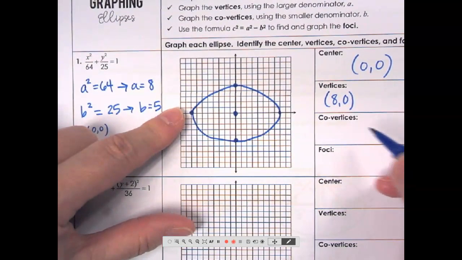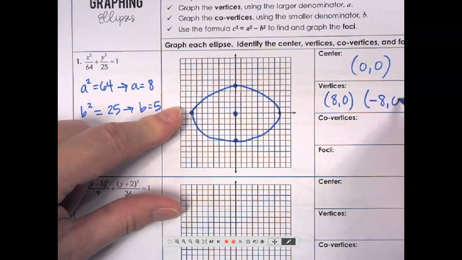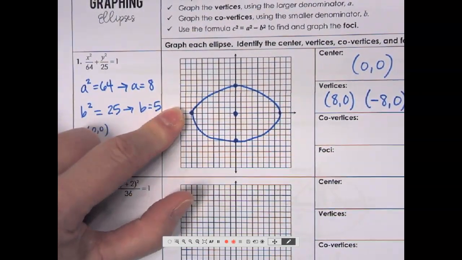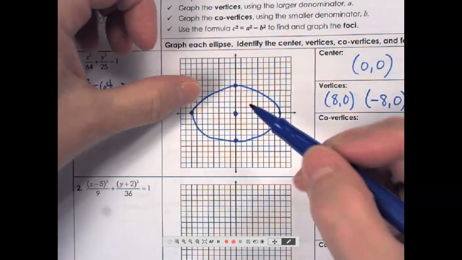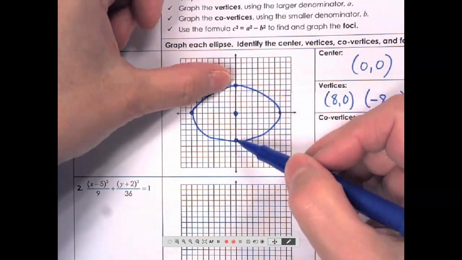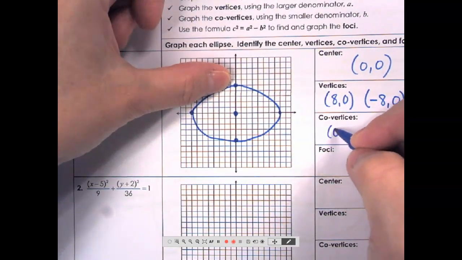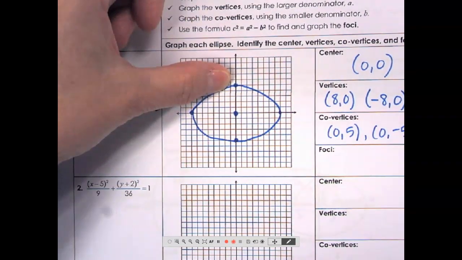And then I have one over here on the left, and it is negative 8, 0. Okay, the co-vertices are the ones not so far. So that's these 2 points that I connected. And remember, I went up 5 and down 5, so that's 0, 5 at the top and 0, negative 5 at the bottom.